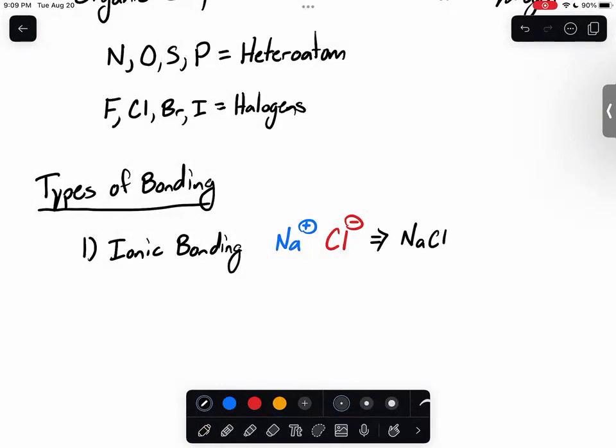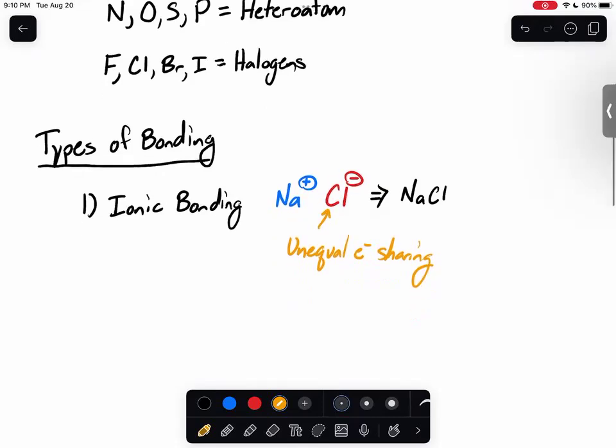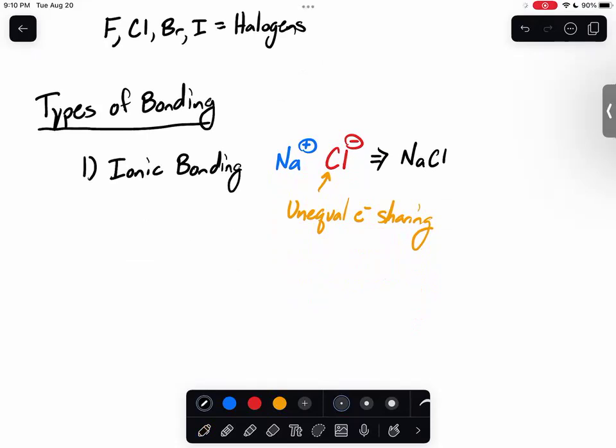These ions do not share electrons equally. You can think of it as the chlorine having most of the electrons, so this is unequal electron sharing. These bonds do come up somewhat in OChem, but the main one we are worried about for organic chemistry is our second type of bonding, and that is covalent bonding.